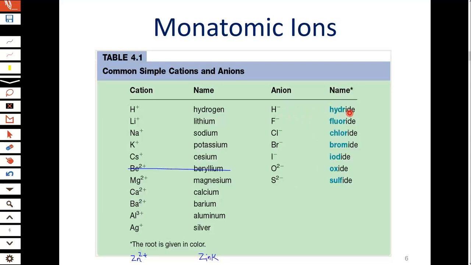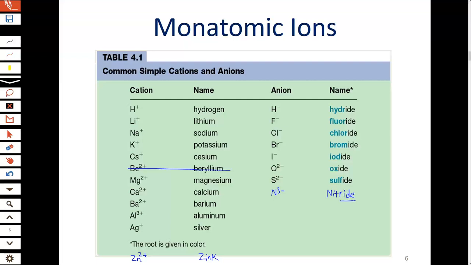Pay attention to the IDE, which is added to the negative ions or anions. Fluorine will become fluoride, chloride, bromide, iodide, oxide, and sulfide. For example, if I want to write nitrogen, I know that nitrogen is in the 15th group, so it will form a 3 negative ion, and the name is nitride.